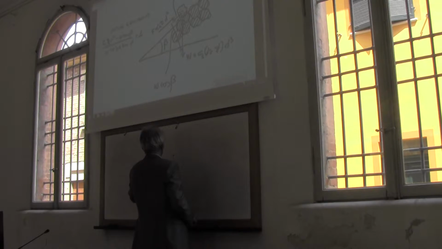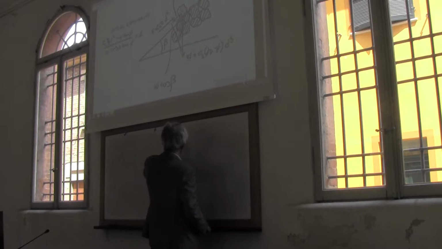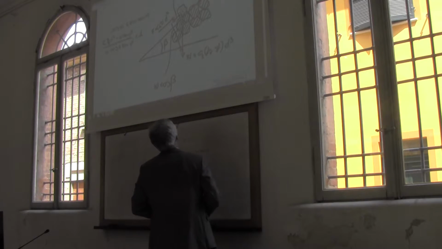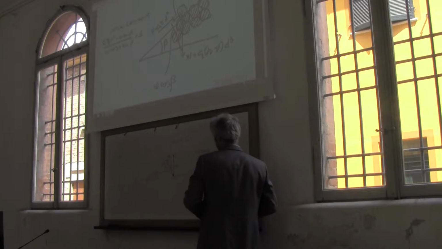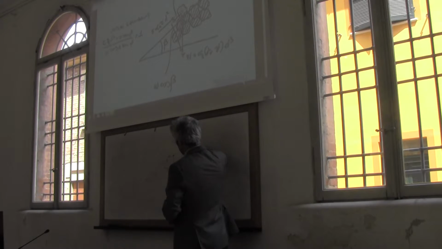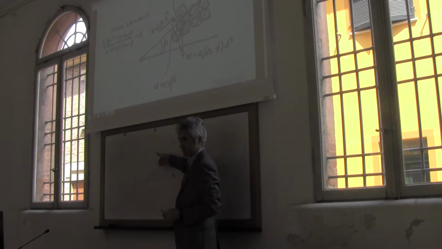W perpendicular is equal to W cos beta, while this component here, which we call WS, is W sin beta, which is indicated there. And this is a destabilizing force.